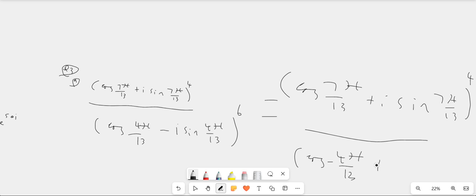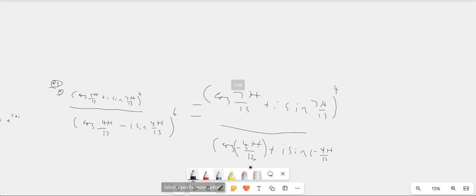Put a little bracket if you want to make it clear. Plus i sine negative 4 pi over 13. So easy. Calm. And that's to the power of what exactly? Power of 6.